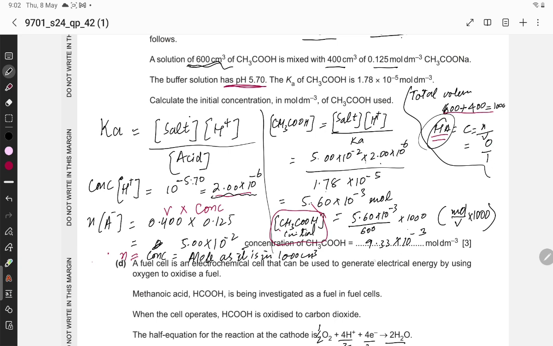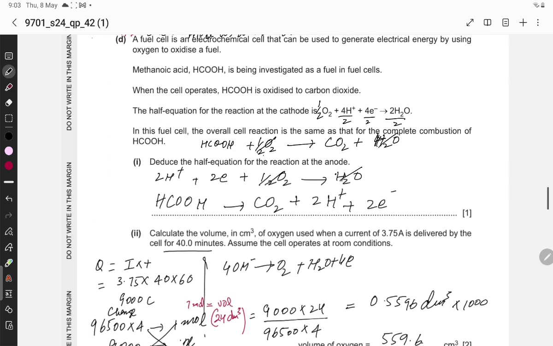So the answer is 9.33 into 10 raised to minus 3. This is how to calculate the concentration. We know that the total volume is 1000, so that's why into 1000. The initial concentration of acid is 9.33 into 10 raised to minus 3.